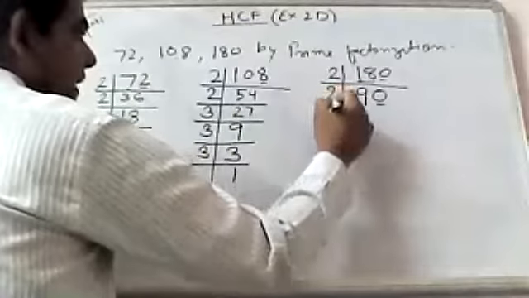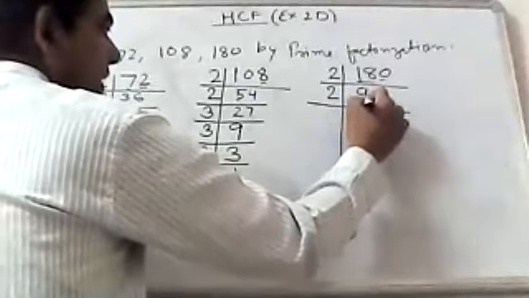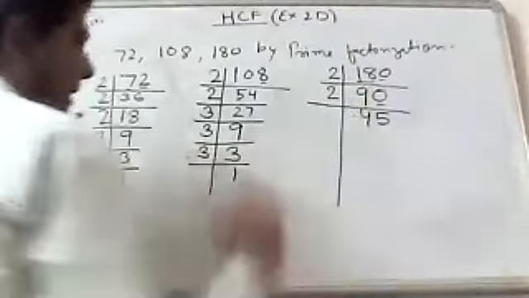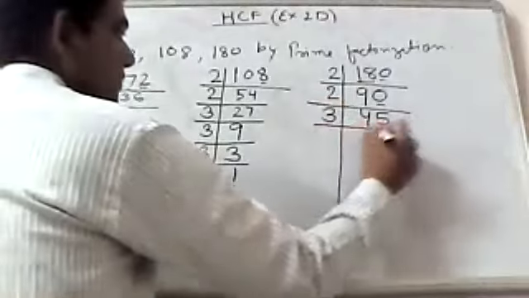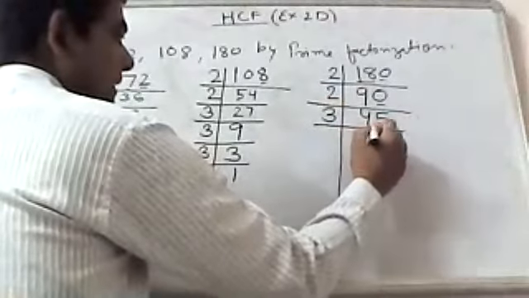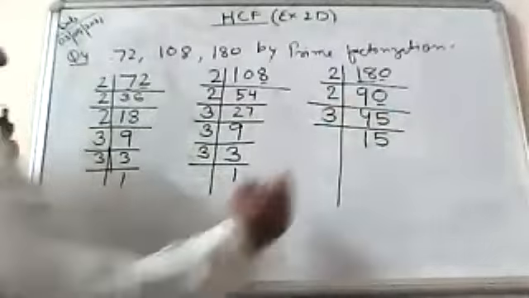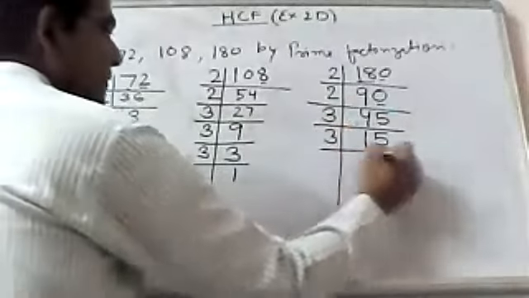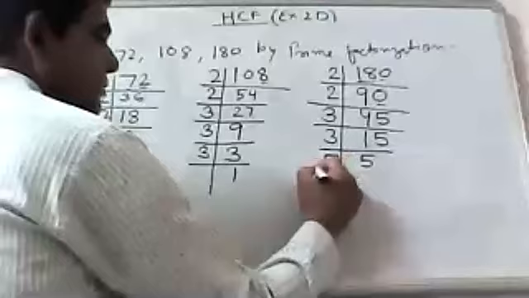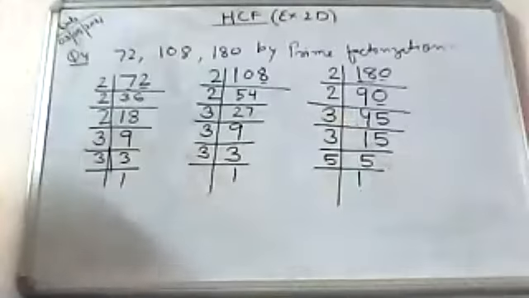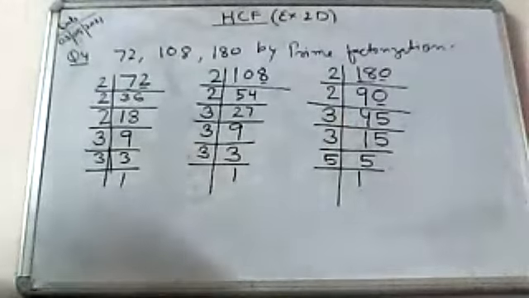Again 0 is the last digit, so we divide by 2, 2 4 ja 8, 1 is here, then 2 5 ja 10. Then we will divide by 3, 3 1 ja 3, 1 is remaining, 15, 3 5 ja 15. Again we divide by 3. Now the next prime number is 5, so we divide by 5. So these are the prime factors of all three given numbers, children.